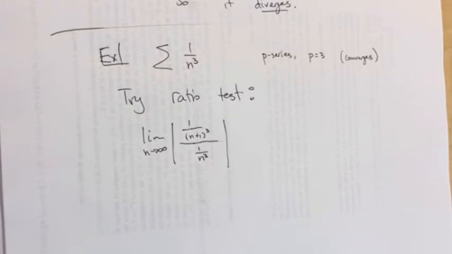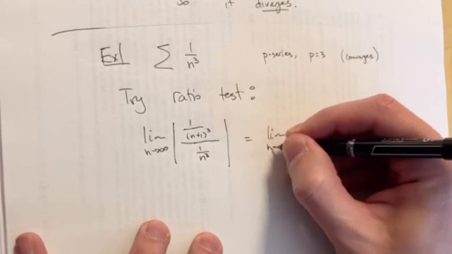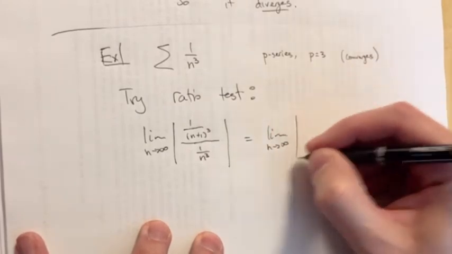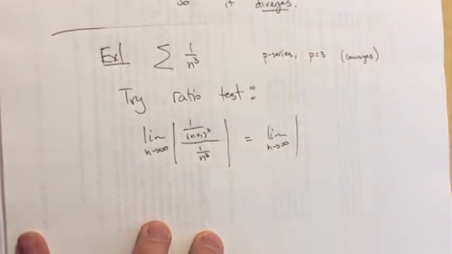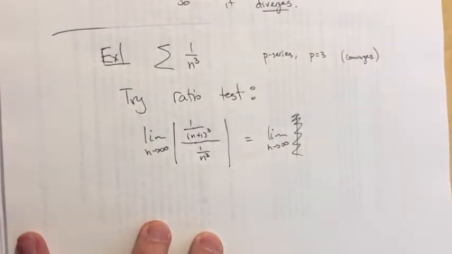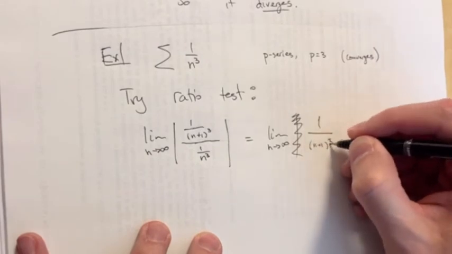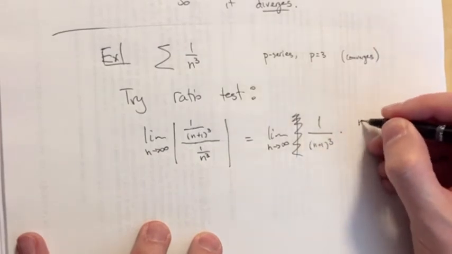As usual, I'm going to rearrange this double fraction. Do you agree the absolute values are not necessary here? Everything is positive, so forget the absolute value. I'm going to write the fractions: it's 1 over (n plus 1) to the 3, times n to the 3 over 1.